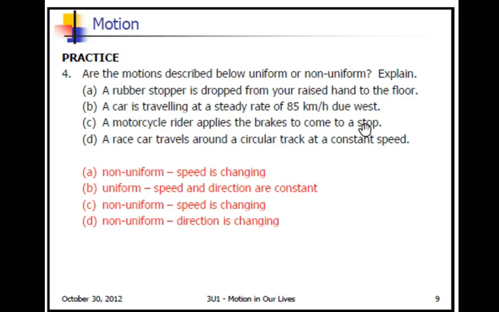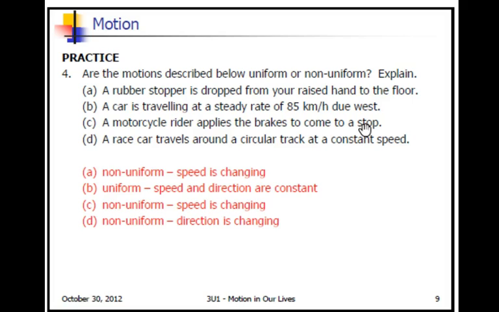When you're holding it, it has a velocity of 0. As it gets to the floor, it's going to be increasing its velocity as it gets closer to the floor. So that is non-uniform motion because the speed of the rubber stopper is changing. For B, it says a car is traveling 85 kilometers per hour due west at a steady rate. So because it's not changing its speed, it has a constant velocity. That means that it is uniform motion.